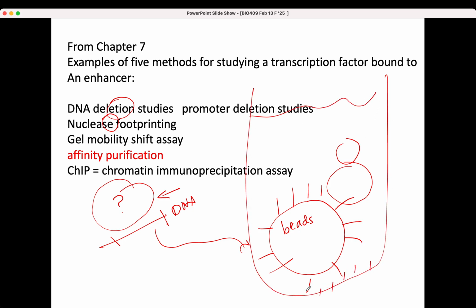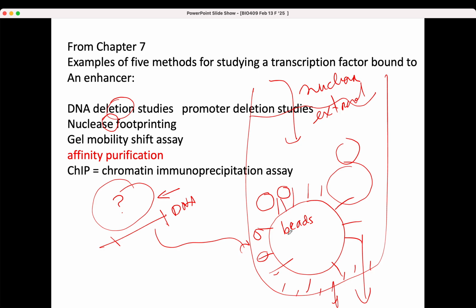Have the bottom of the test tube be porous, which is a tube that holds the beads but lets liquid through, and then pass that nuclear extract over it. We know now that this mystery protein will bind, everything else will flow through, and then we can release the mystery protein and study it.